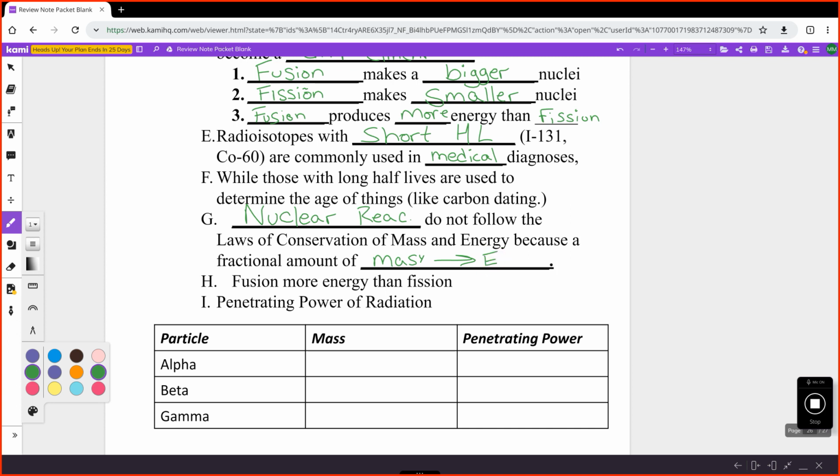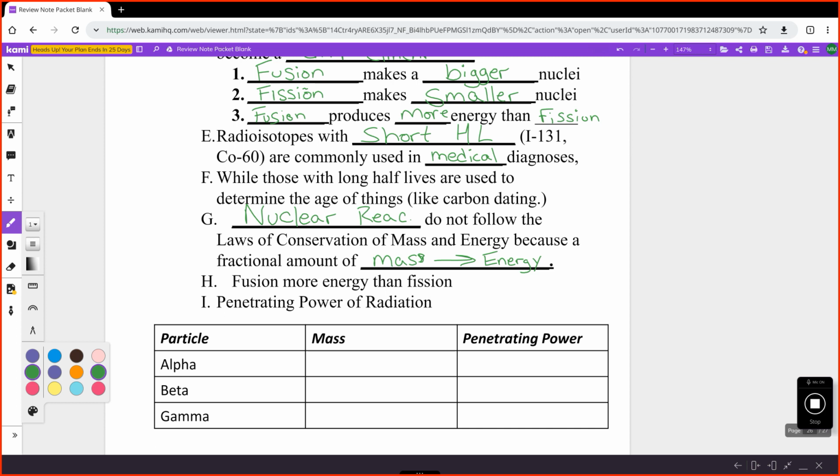This is where that energy is coming from. You can't make energy. You can't destroy energy. You can convert types of energy. And in these types of reactions, the energy conversion is coming from the mass of the particles.